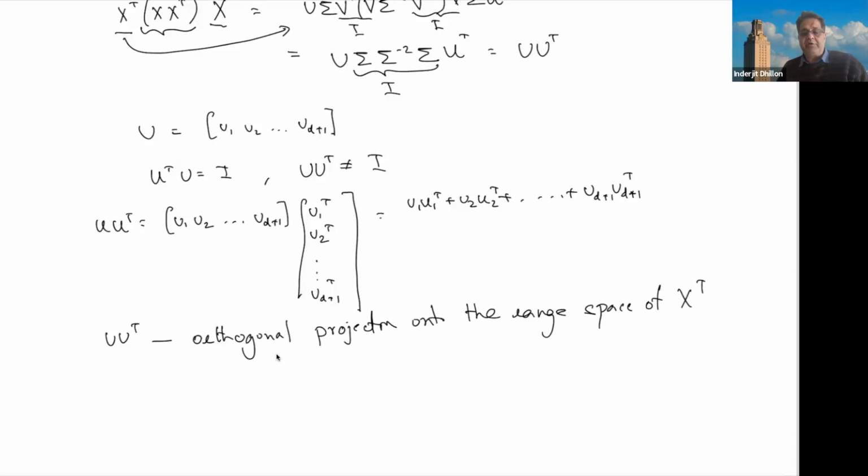What linear regression is doing is basically taking this vector y and then doing this transformation, UU transpose y.